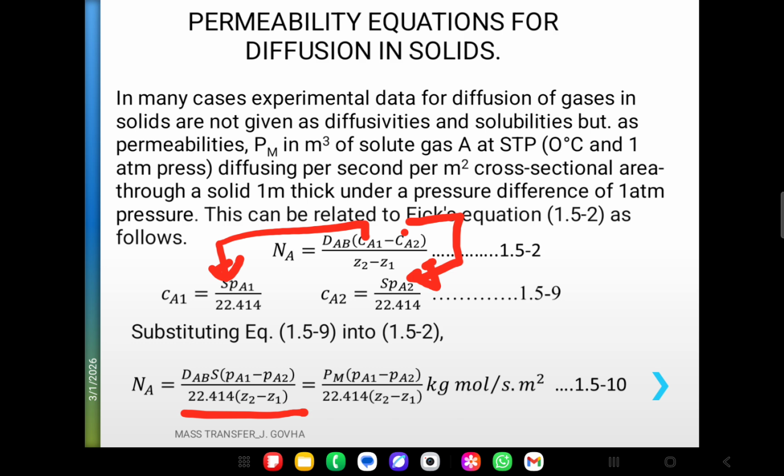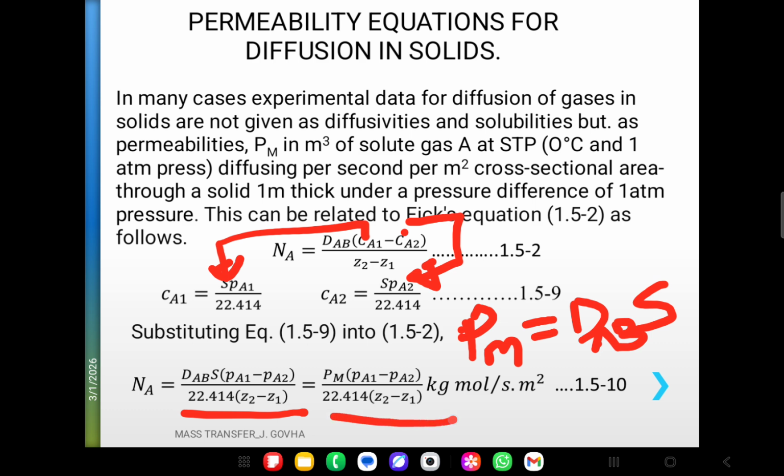Then we need to define now PM equal to DAB S, so that our equation is converted to that form.